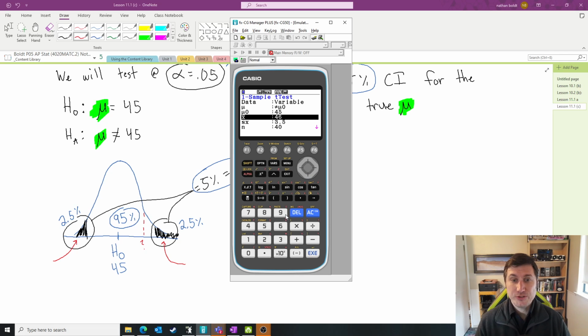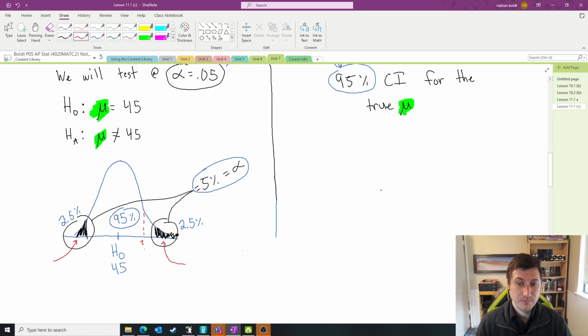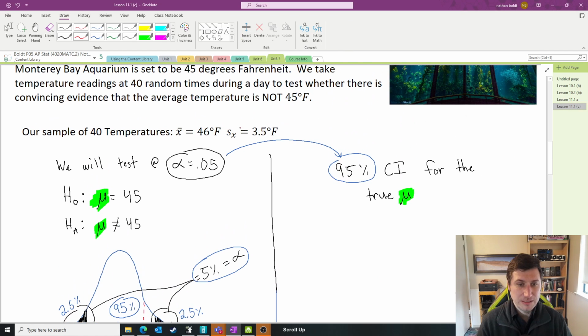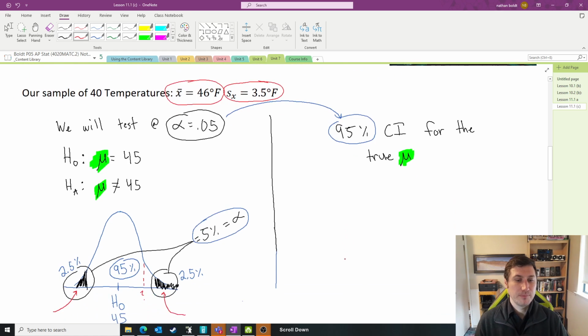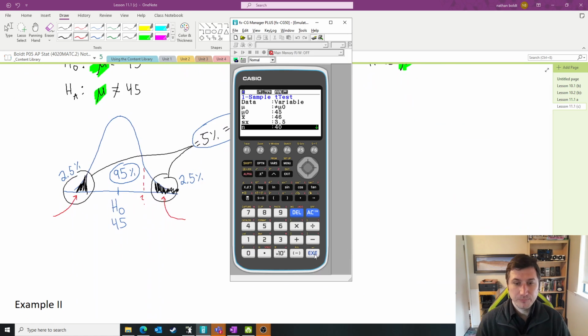The sample was 46 for the sample x bar average. Our standard deviation was 3.5, and our n, our sample size, was 40. Again, even if you don't remember those numbers, they just came from here. That was all in the problem. So we type it all in, and we get our p-value. Our p-value is 0.078.